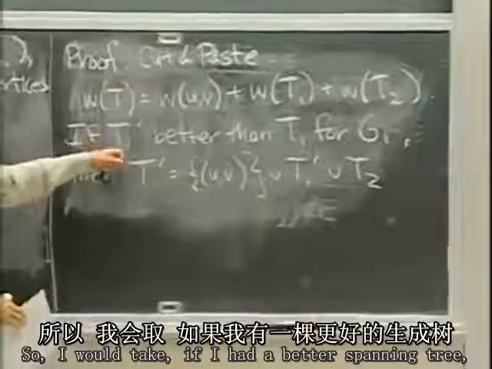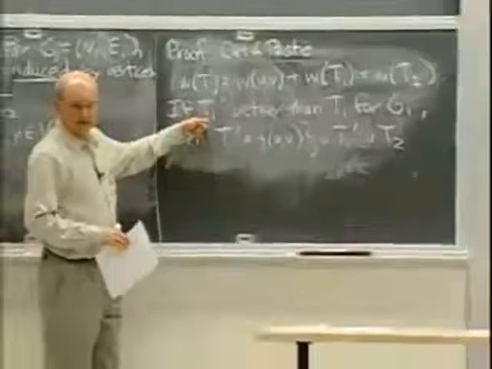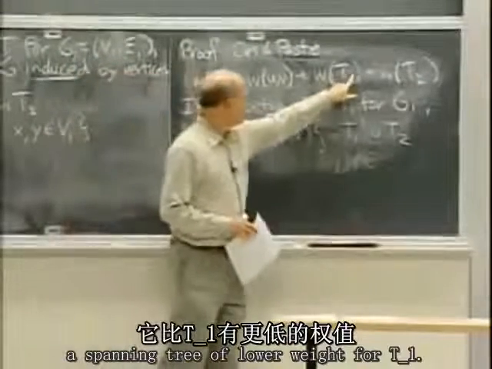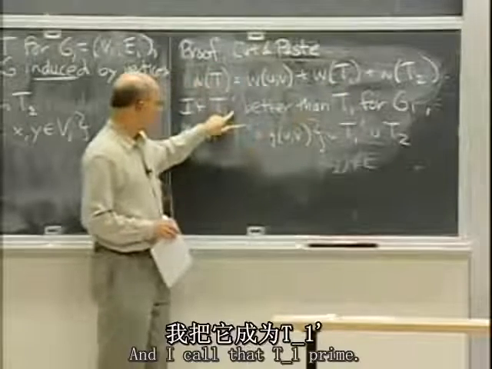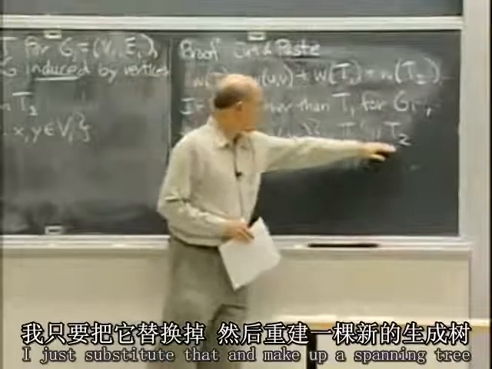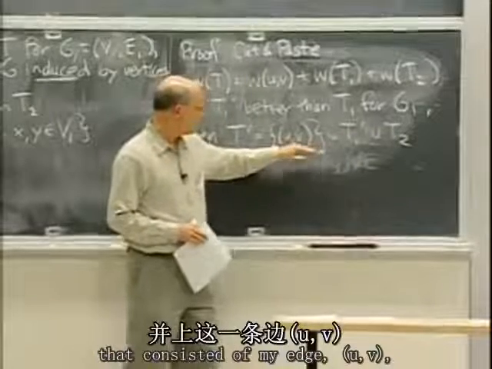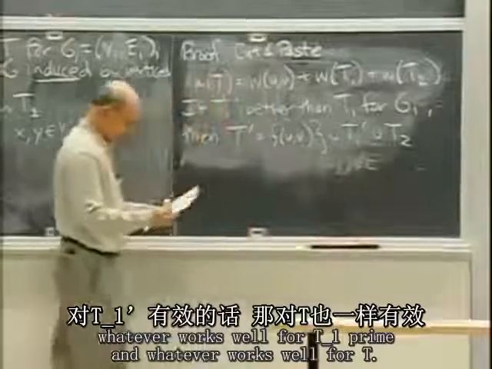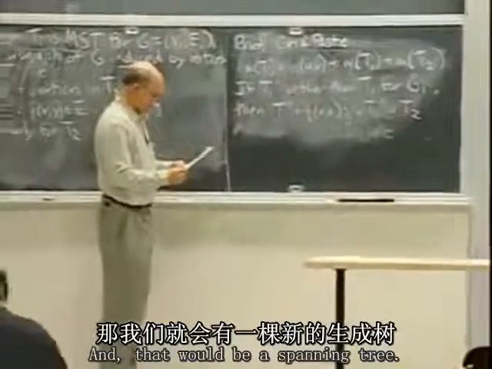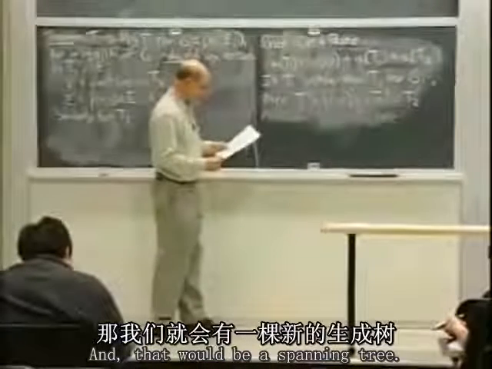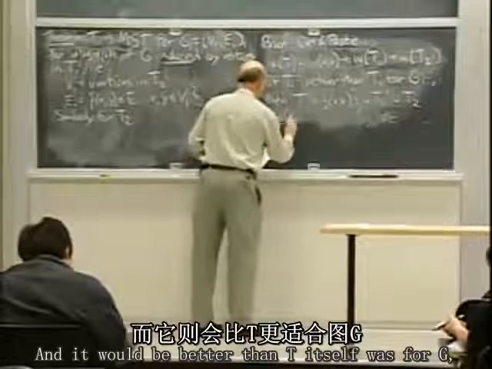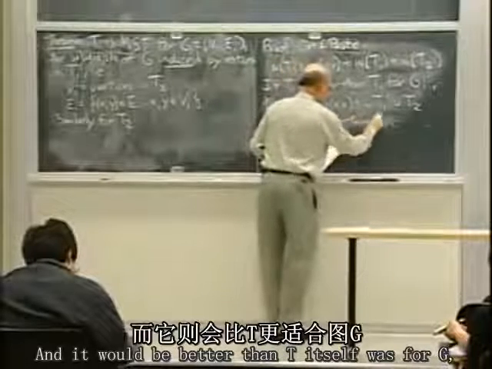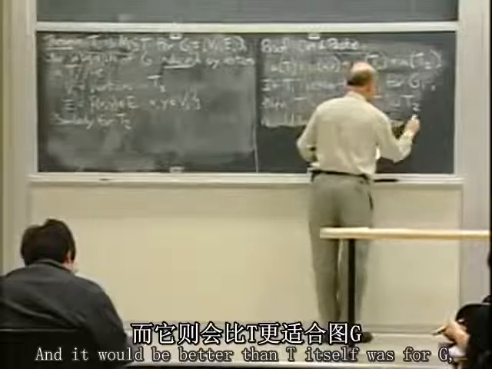So if I had a spanning tree of lower weight for T1, and I call that T1 prime, I just substitute that and make up a spanning tree that consisted of my edge UV, whatever worked well for T1 prime, and whatever worked well for T2, and that would be a spanning tree, and it would be better than T itself was for G.